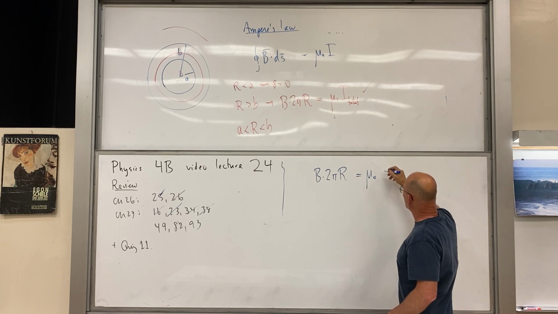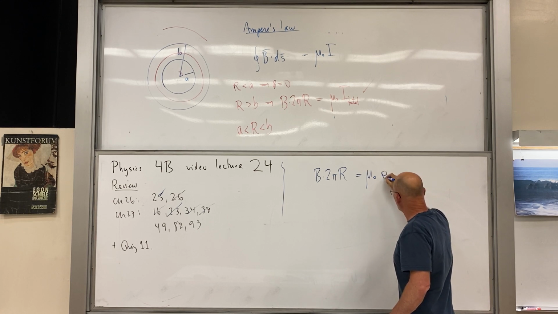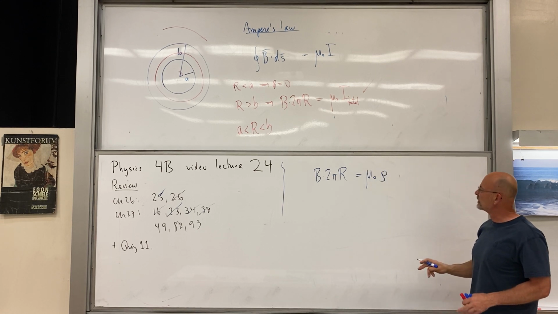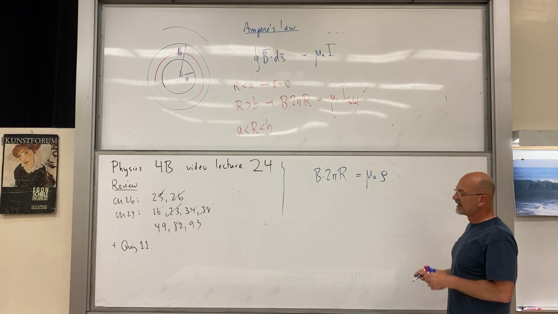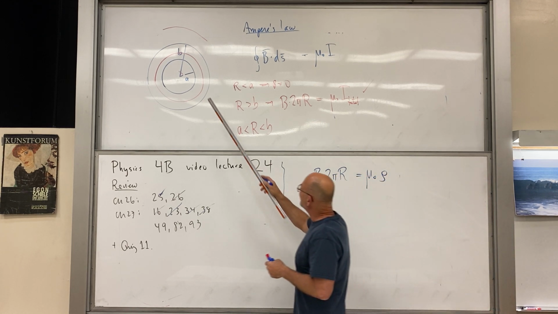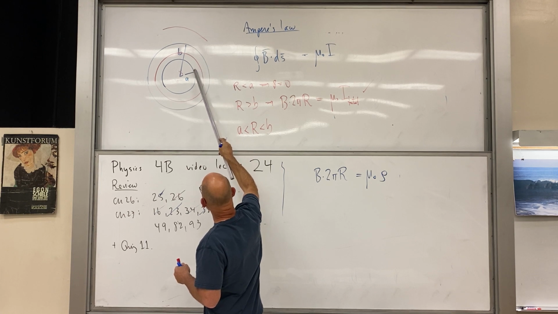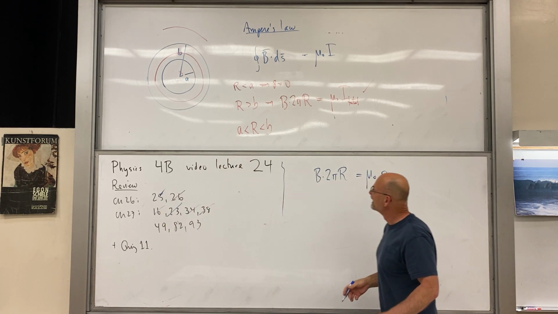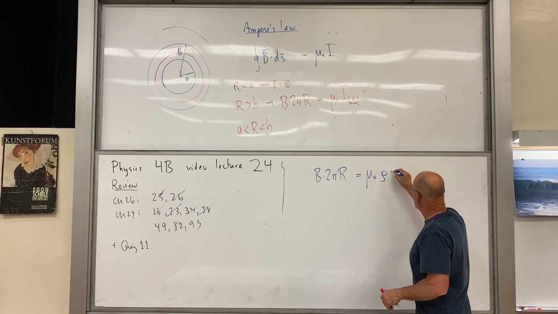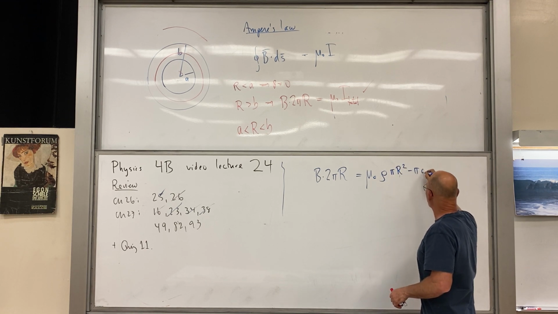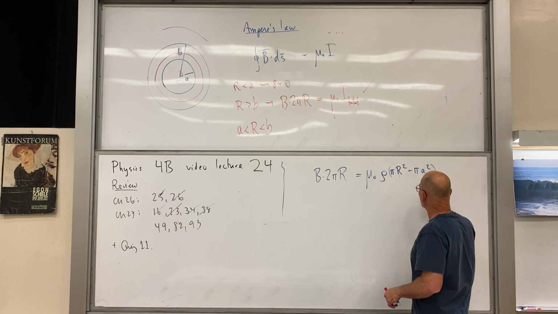Okay, so we've got a rho. Could use sigma, but I'm just going to use rho. And the area inside this thing, that would be from the radius R down to the radius A. That would be pi R squared minus pi A squared.